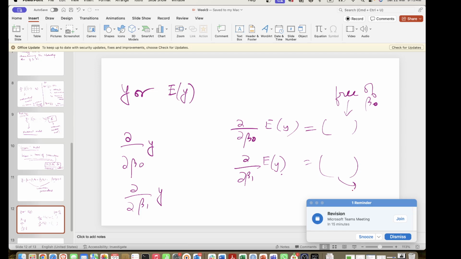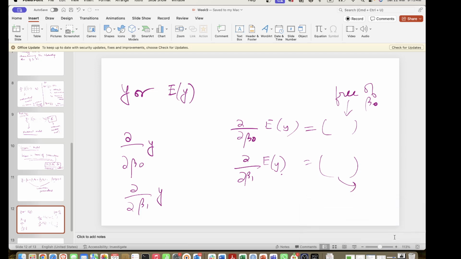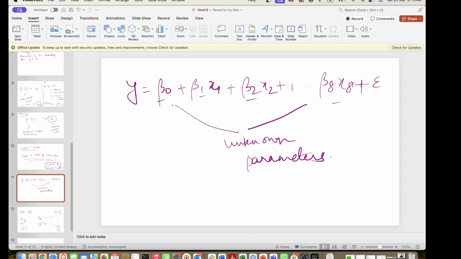Whatever expression here we have should be free of beta 1. So essentially it boils down to this fact that the power of this should actually be 1.